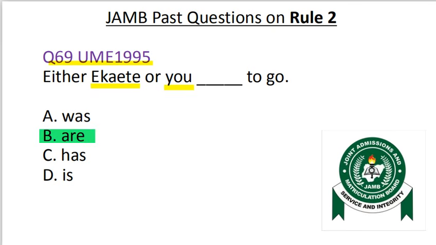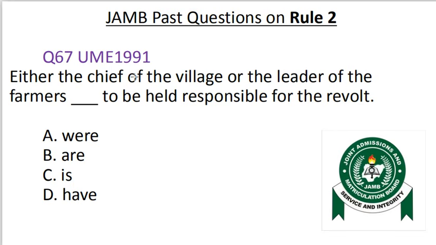The next question is question 67, UME 1991. Either the chief of the village or the leader of the farmers dash to be held responsible for the revolt. A, were; B, are; C, is; D, have.